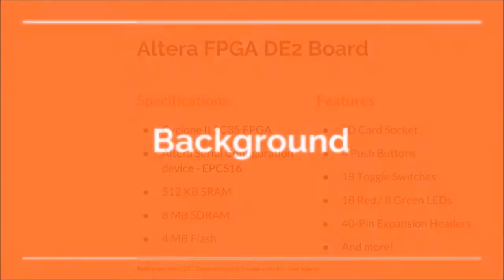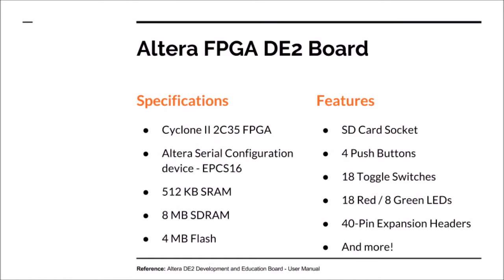And so we will begin with a bit of background on the hardware and software used in this project. The actual board used for this project is an Altera FPGA DE2 board. This board has been used throughout the semester for a variety of different assignments and labs. A bit of the specifications include a Cyclone II 2C35 FPGA chip.